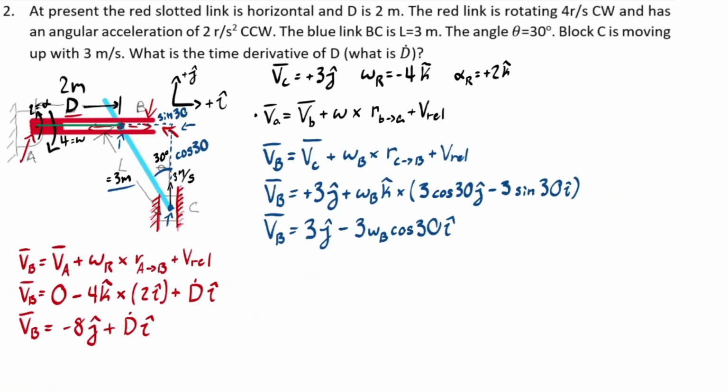Okay? And then we have negative, oh sorry, not negative 3, negative WB sine of 30. And then this is K cross I, which is positive J. So I'm going to put that there, and that's going to leave the signs the same.